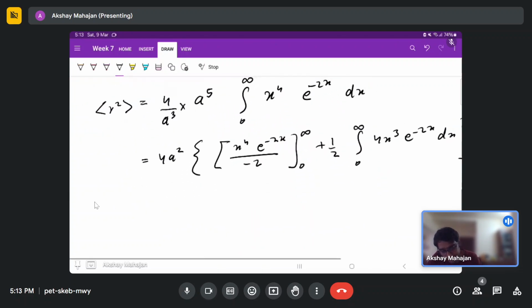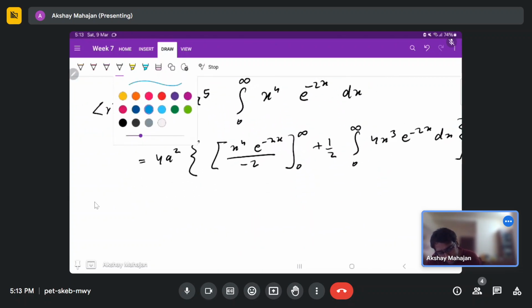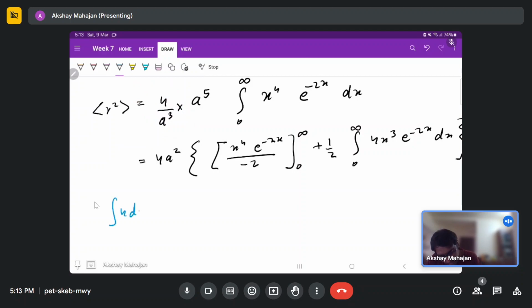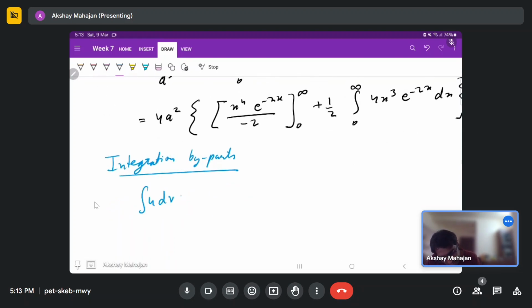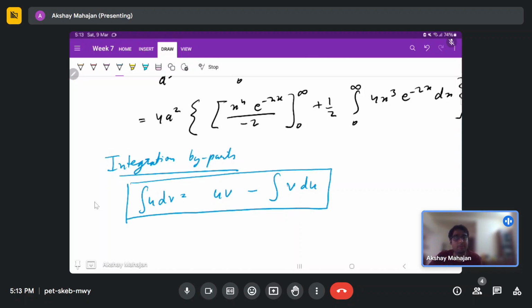Let me just write the integration by parts formula, just in case someone doesn't remember. Just a reminder: the integral of u dv is given by uv minus the integral of v du. So this is the integration by parts formula.